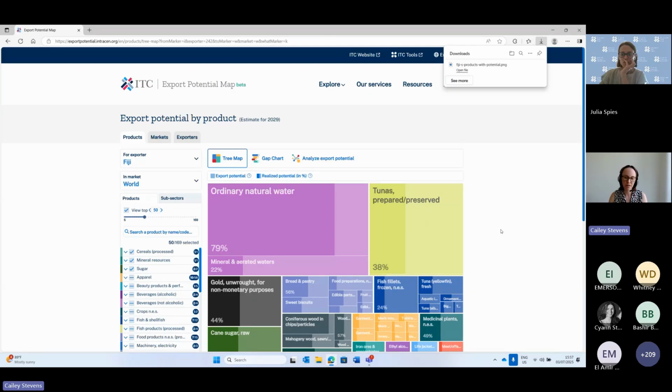I expect that this question is actually about the data underlying Export Potential Map, because we often get requests for the underlying data. Although Export Potential Map, the website itself, is free for all users, we do charge for our data.